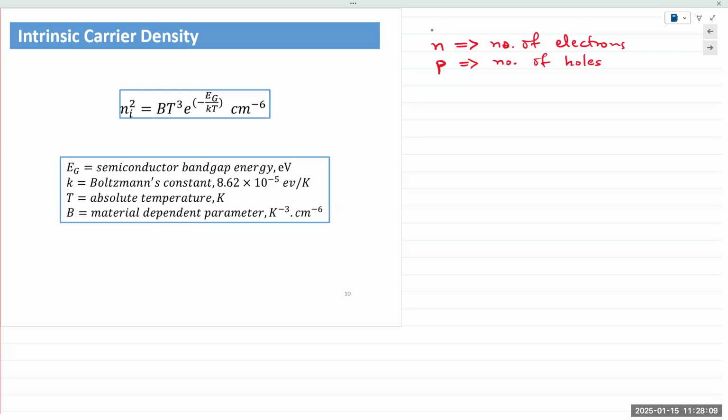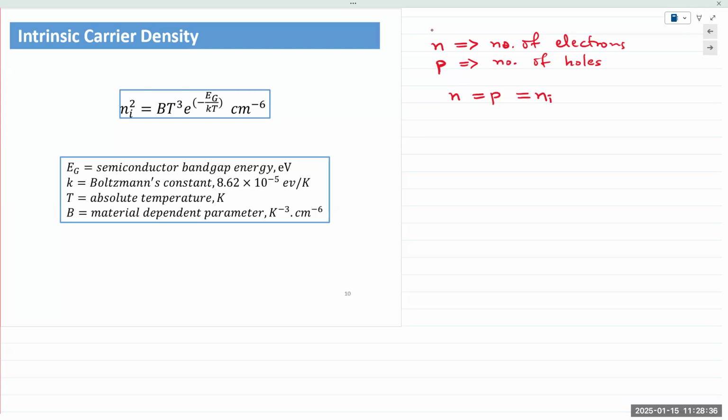So the question being asked, what is ni? And so ni is basically the number of intrinsic charge carriers present in a semiconductor material. So by its very definition, n would be equal to p. Number of holes is equal to number of electrons, and that would be equal to ni.